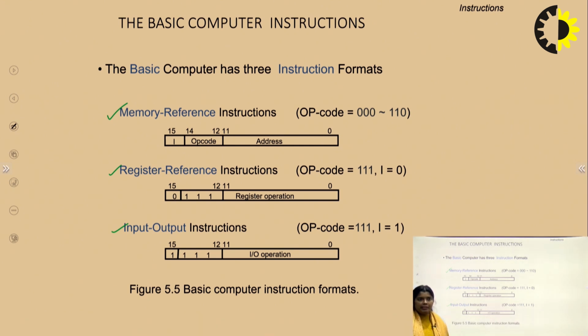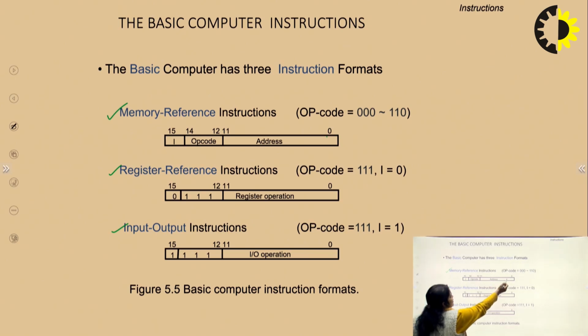In the memory reference instruction, you can see there is a 0 to 16 format, just like the instruction register, and the computer instruction mode is I, opcode and address.